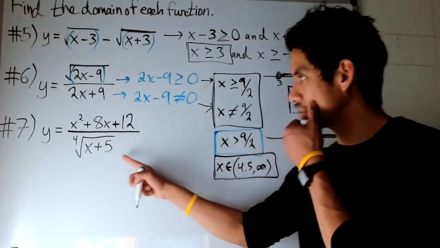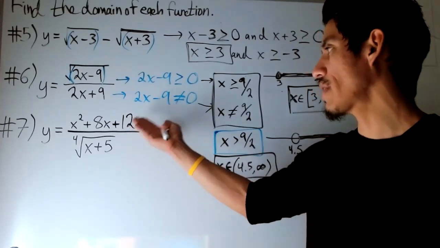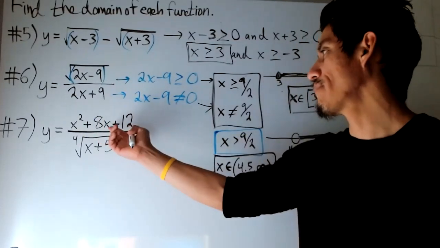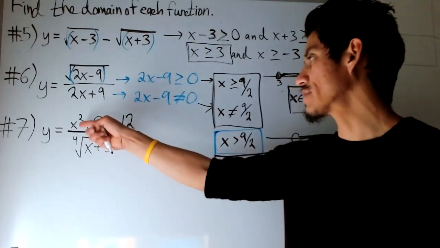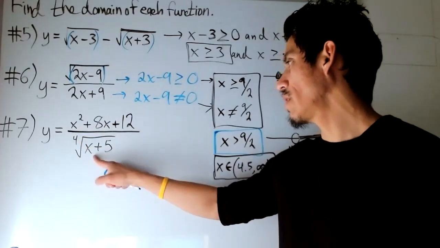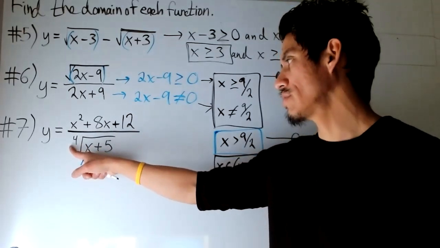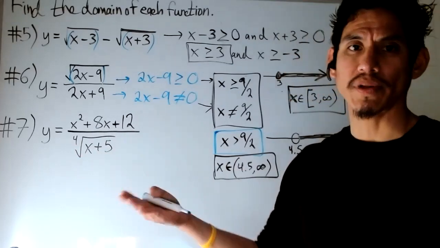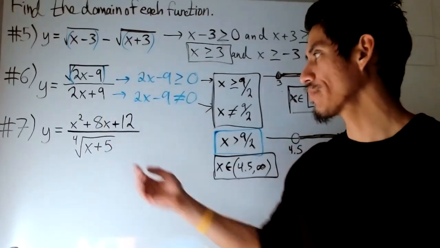All right, one more, number 7. Okay, so the top doesn't matter because we can square any number and we can multiply any real number by x. The bottom, though, we're talking about the 4th root. So we're talking about a number that you multiply by itself 4 times, or raised to the 4th power.